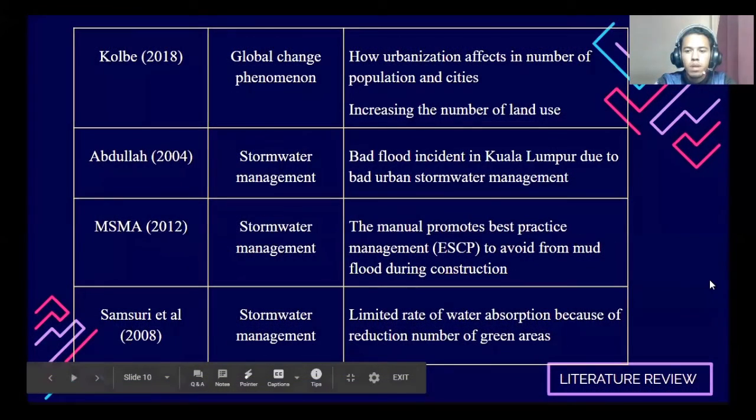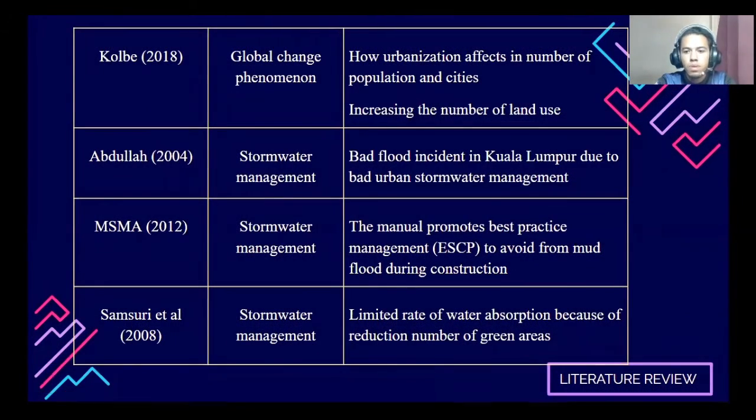Okay, for the table of comparison between the sources in the literature review, we can divide it into a few topics. The first one is the global change phenomenon, how urbanization affects the numbers of population and cities and how it can increase land use. The next topic is stormwater management, how bad management can lead to disasters.